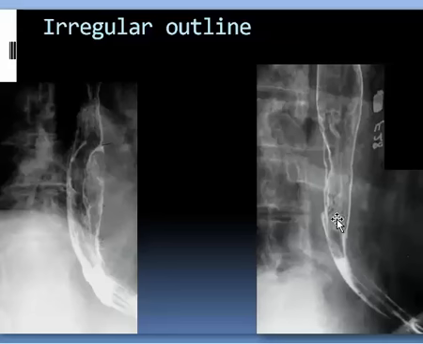This is just an irregular outline of the mucosa. Any irregularity along the mucosa should be considered malignant until otherwise proved.